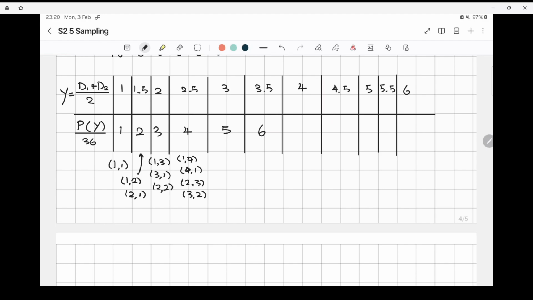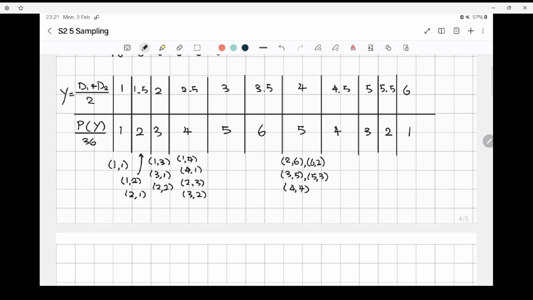So now let's look at 4. This will be 2, 6, 6, 2, then 3, 5, 5, 3, and 4, 4. So you will be going in a decreasing trend: 4, 3, 2, 1.